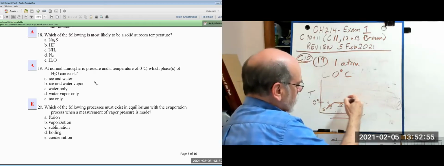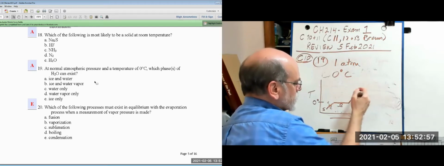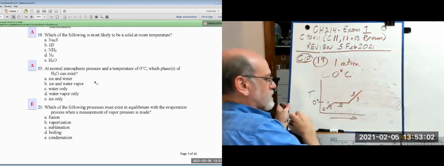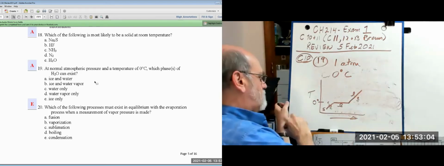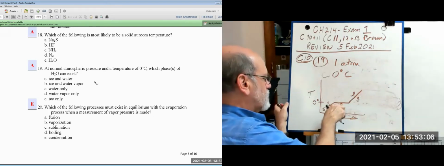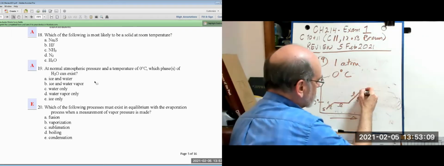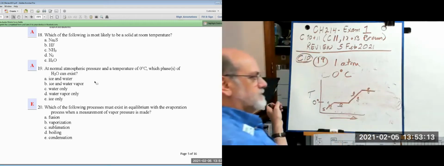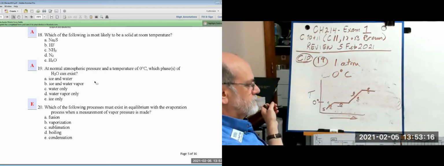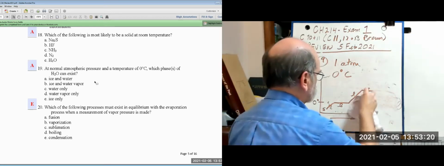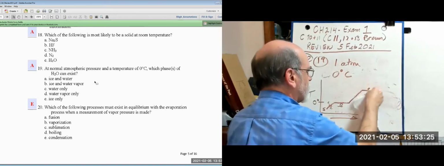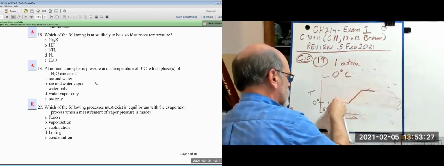Then when you get all liquid and no more solid left, you increase the temperature and you've got liquid and gas together, until you get to here. And now you've got all gas. That's not right. Excuse me. That is as wrong as it can possibly be.